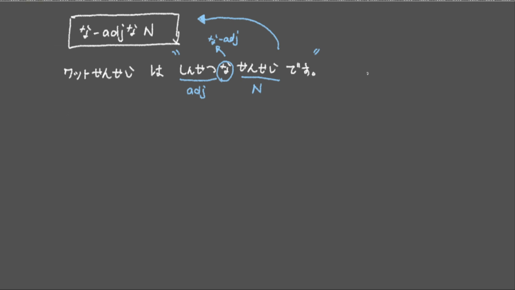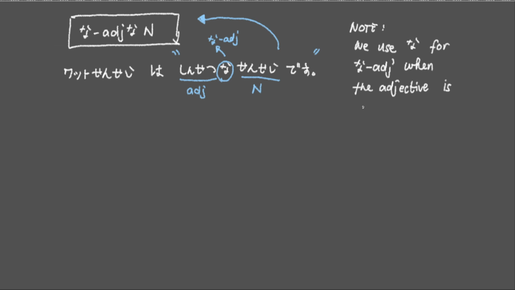So note: we use na for na adjectives when the adjective is used as a noun modifier.